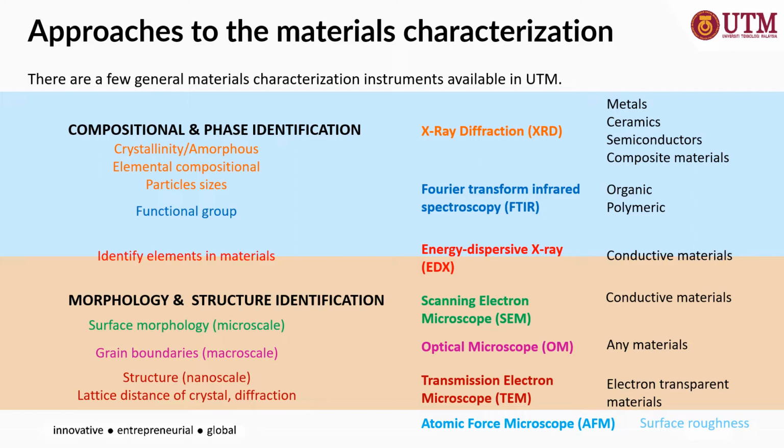And the result actually we can obtain structure in nanoscale and also lattice distance of the crystal and diffraction data of the sample. If you want to study about the surface roughness, for example wrinkle and so on, you can use atomic force microscope, which we call as AFM.